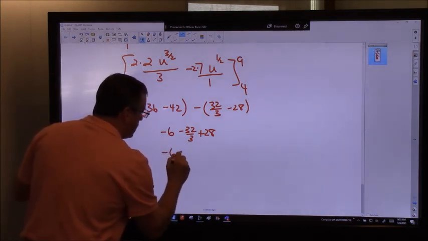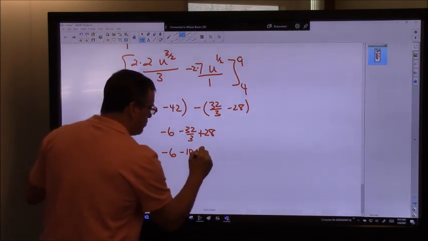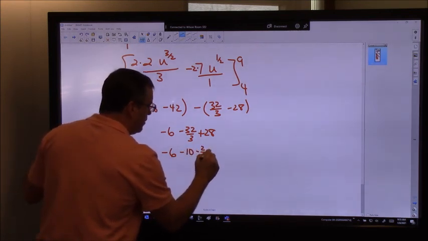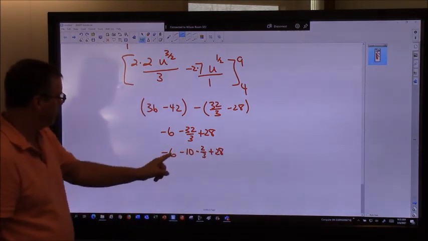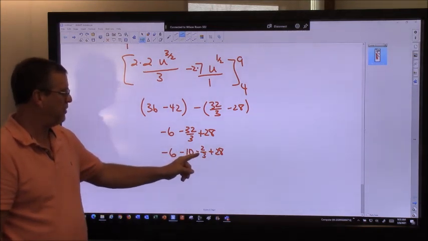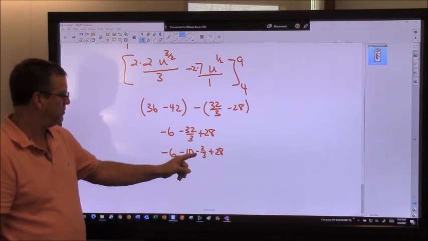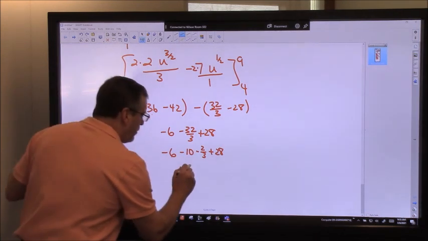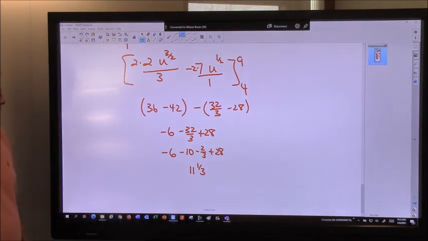So a negative 6 minus 10 2/3, I'll just subtract the 2/3 as well, and then plus 28. So really I got 28 minus 16. So that would be 12 minus 2/3, that's going to be 11 1/3, or 34 thirds.